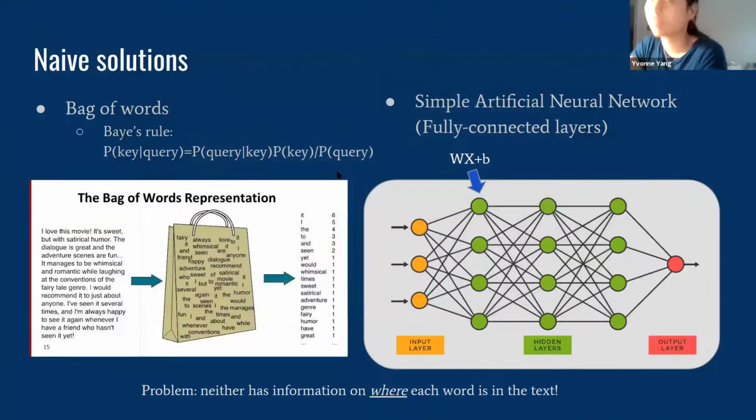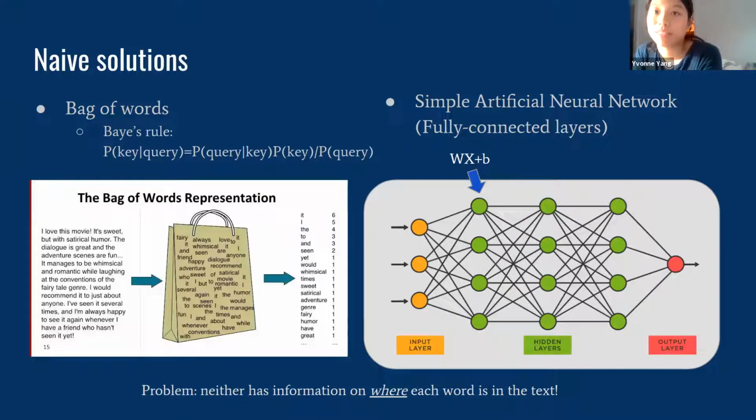Share my screen again. Okay, so we're talking about specifically focusing on just translating a sentence from one language to another. And there are some very naive solutions that disregard the positional information. So for example, the most basic one was bag of words.